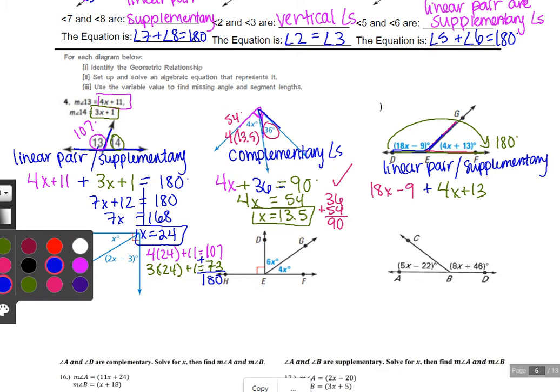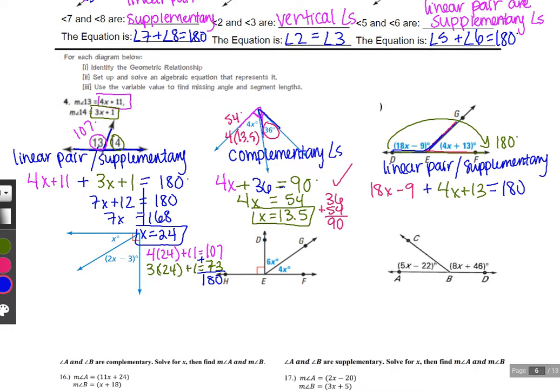Alright, so now I just need to do some algebra. So combine my terms, 18x plus 4x is going to give us 22x, and then negative 9 plus 13 is 4. Move the 4 over to the other side, I'll get 176. And then divide by 22 on both sides. So x should equal 8.